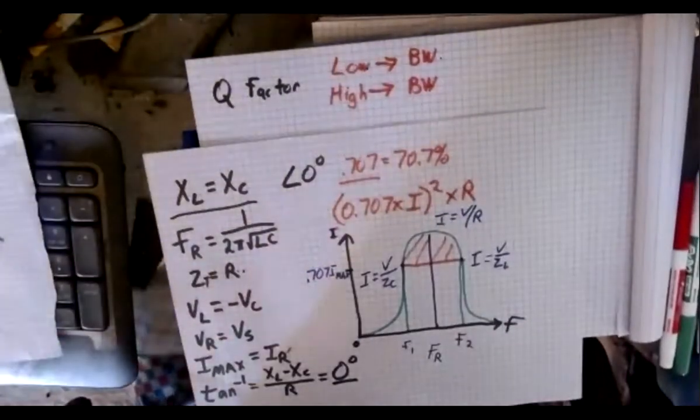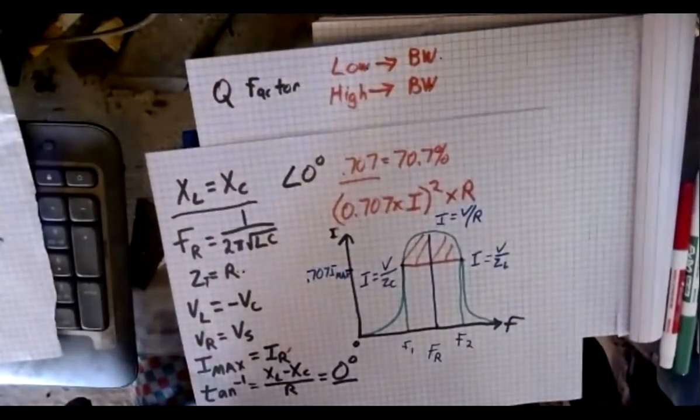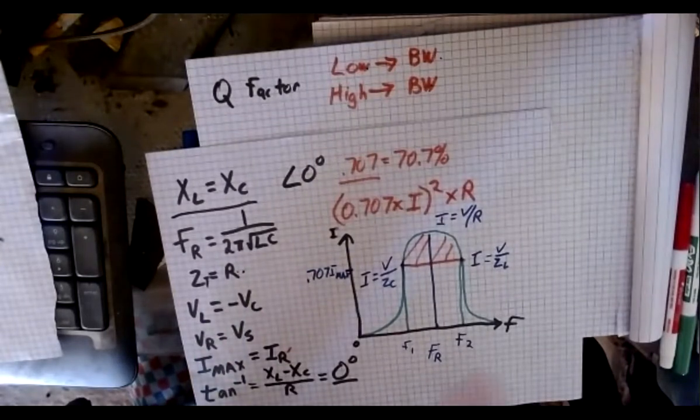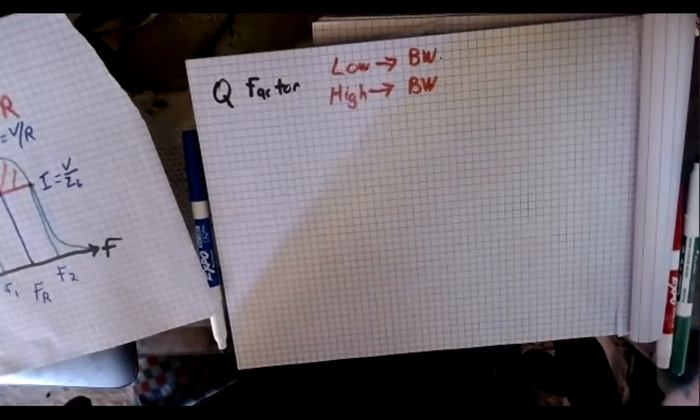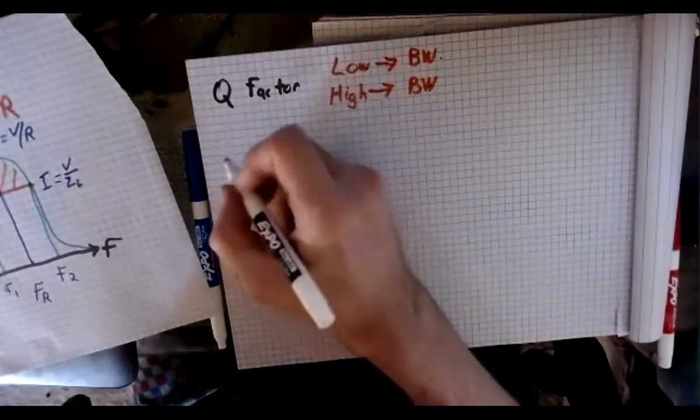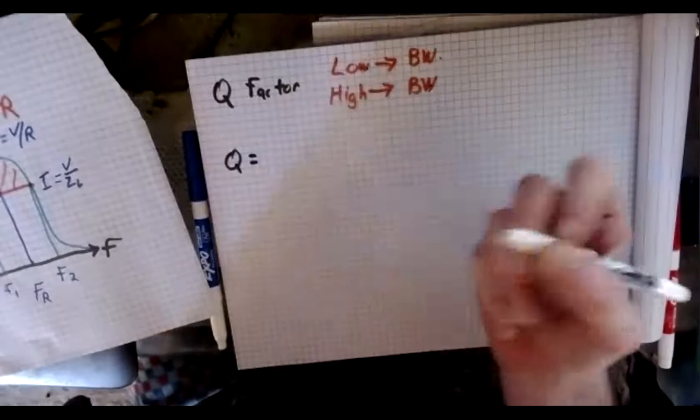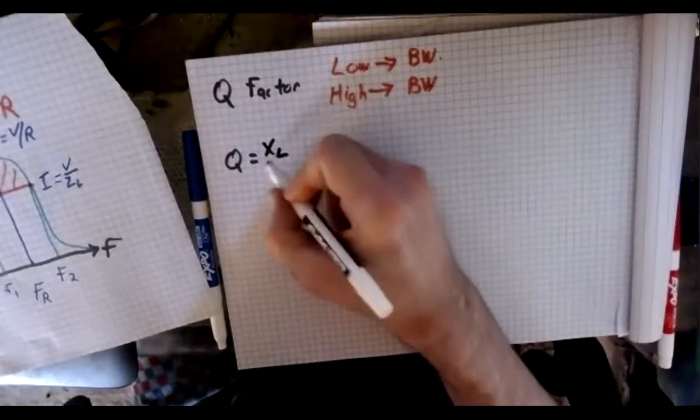So now, when we set our Q, we have a couple of ways to do this. It's a ratio.